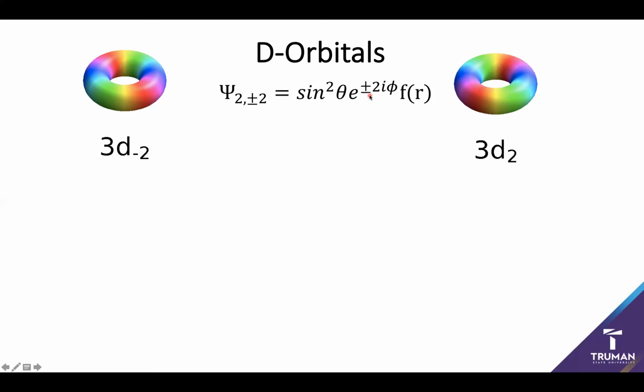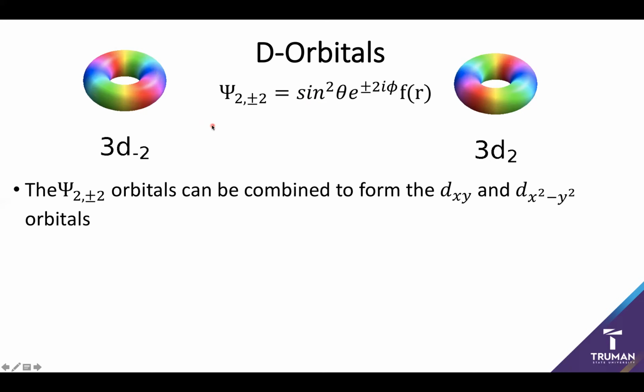Furthermore, here, my angular momentum in the z direction is going to be 2 h bar, but either plus if I'm moving this way, or minus if I'm moving the opposite way. So neither of these wave functions exist in real space, but I can combine them in a convincing way to generate my xy and x squared minus y squared orbitals.